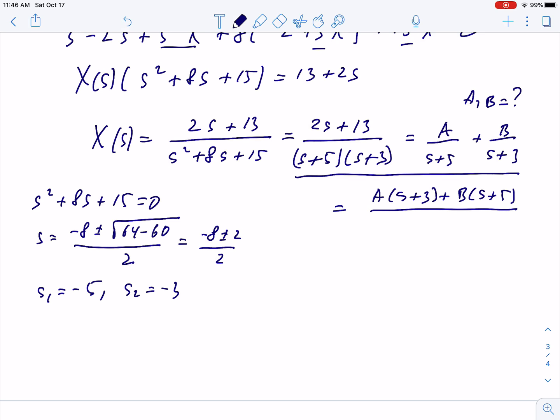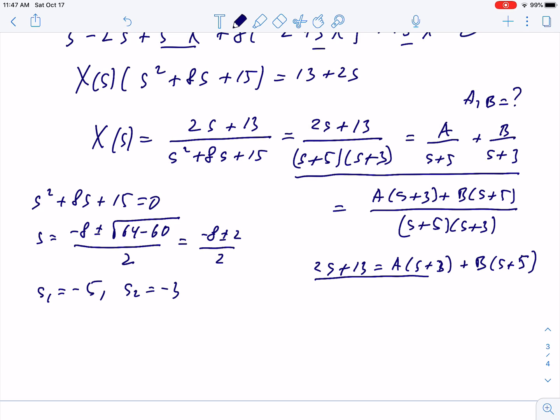The common denominator is the product of these two factors. And then we compare tops. The denominator is the same, so on the top we have the same expression: 2s plus 13 equals A(s plus 3) plus B(s plus 5).